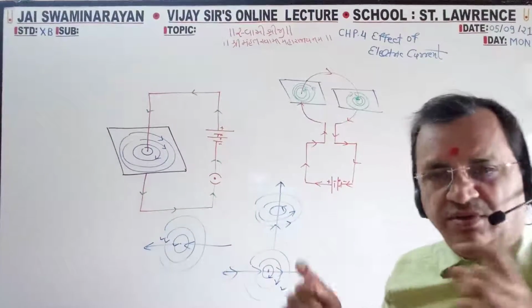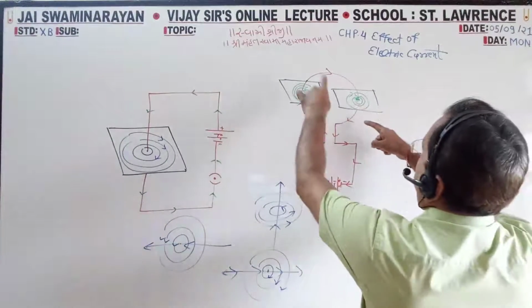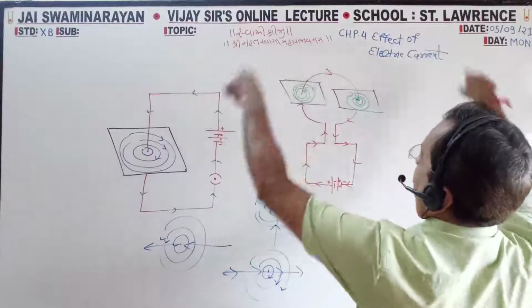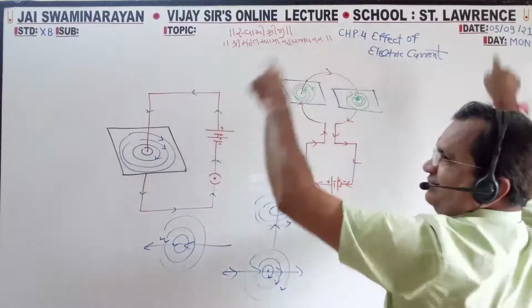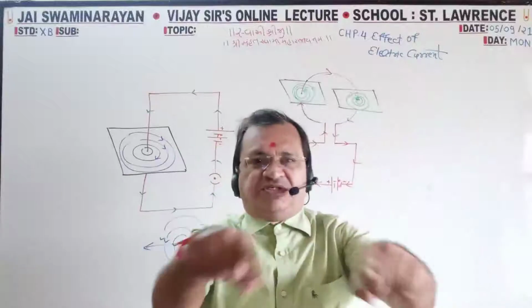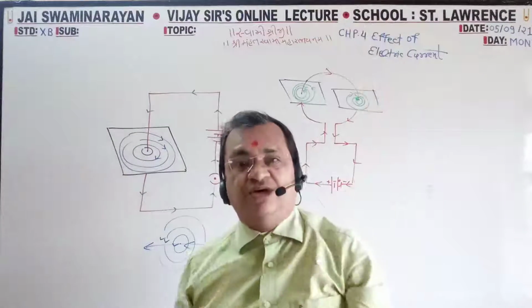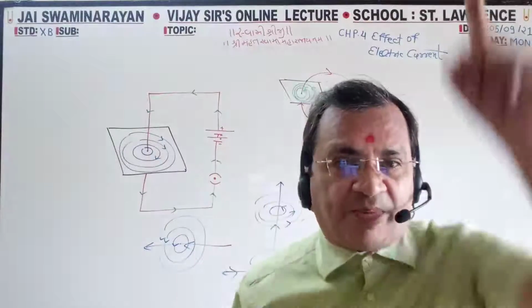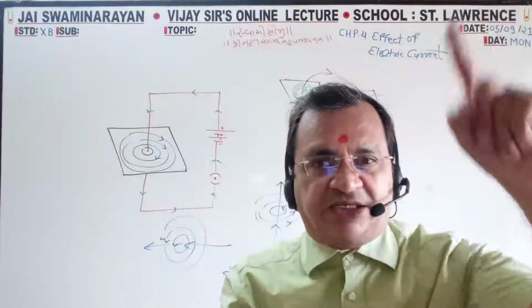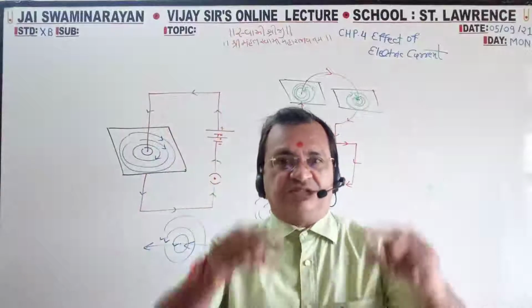Now you compare both. Both are in opposite directions. Why are both in opposite directions? Because one is up, one is down. The flow of electric current is also in opposite directions. That is why the magnetic fields are in opposite directions.